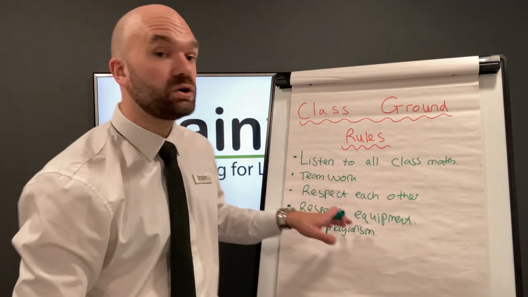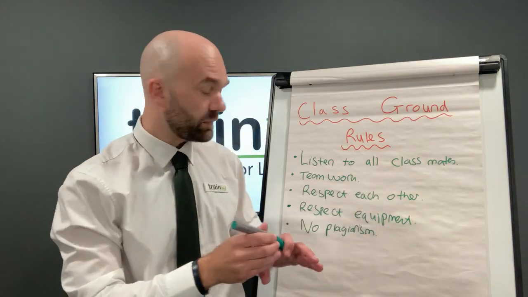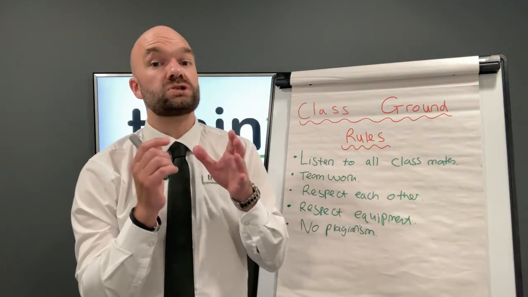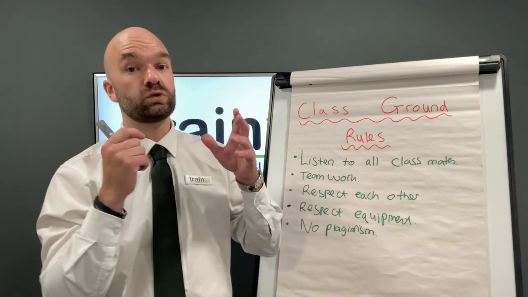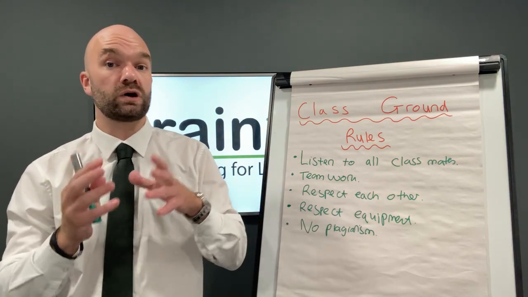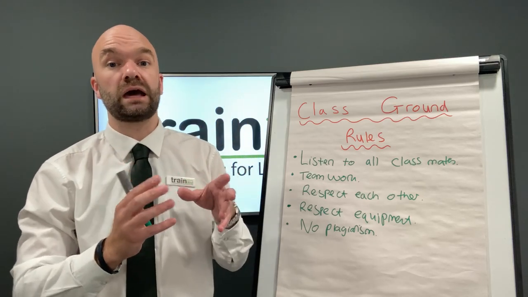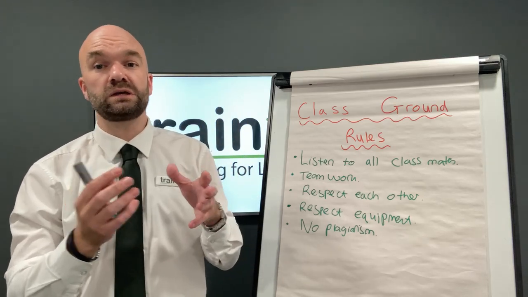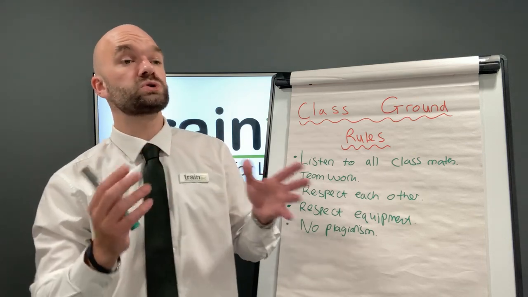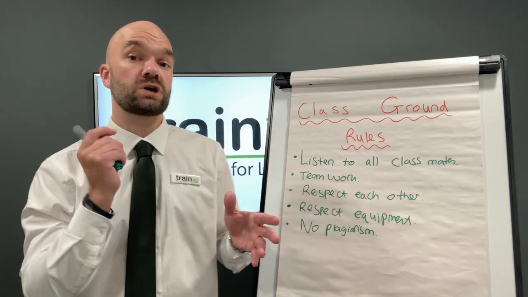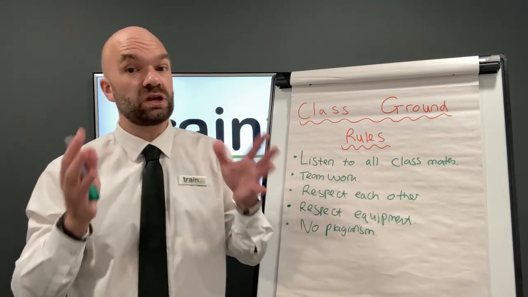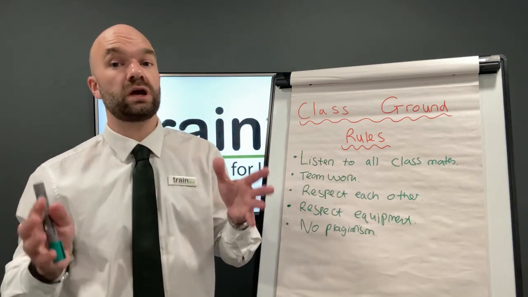Okay, another key aspect of ground rules is plagiarism. Learners hopefully will recognise that what they are producing, their own work, is their own, and therefore no copying, no cheating is going to take place. Very important with coursework qualifications as well. So hopefully learners do say that there's going to be no plagiarism, no cheating.